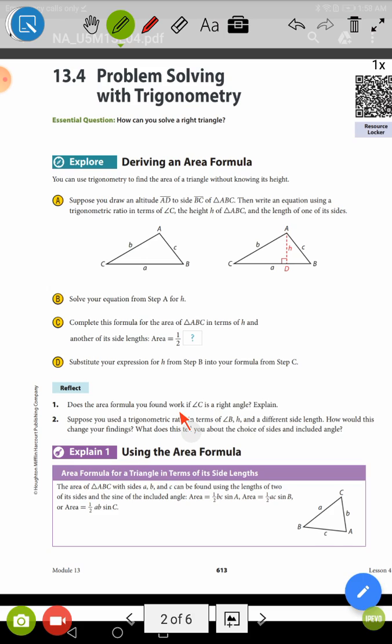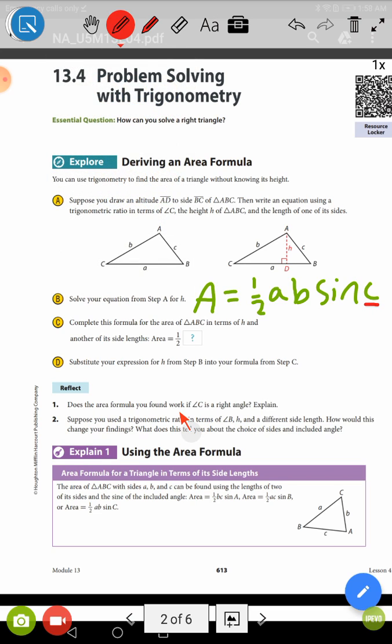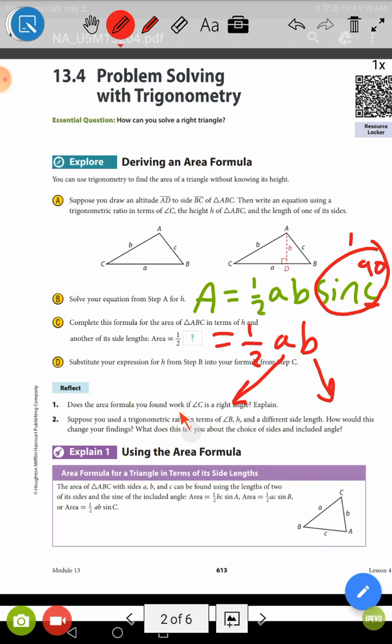The rule is the area equals half ab sine C. If angle C is 90, use your calculator, sine 90 is 1. So it equals half a multiplied by b. Yes, in that case, that will be our base and that will be our height.